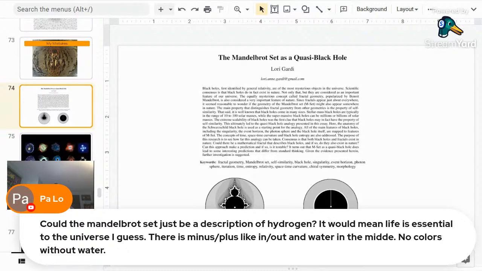So if I was going to make an analogy with the hydrogen atom, this would be the nucleus, this would be the electron shells, and exactly halfway in between, at the event horizon, would be the domain of the weak force. That's how I would do that one.